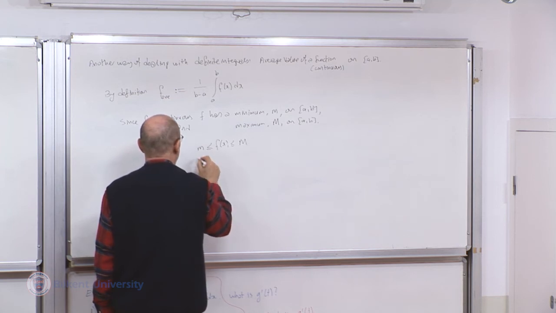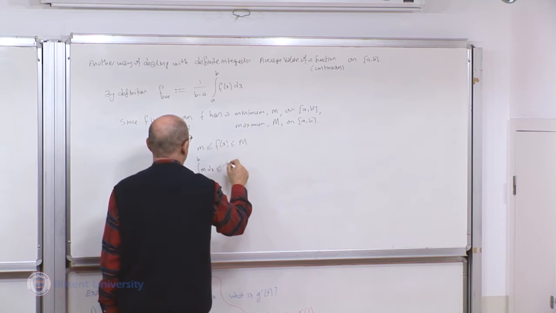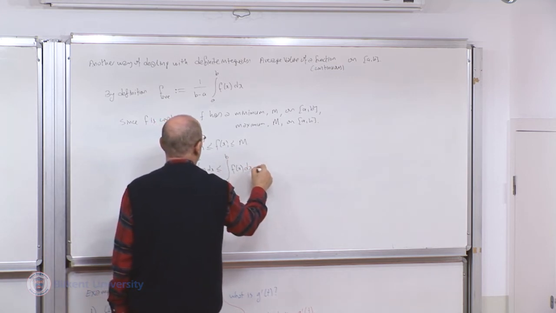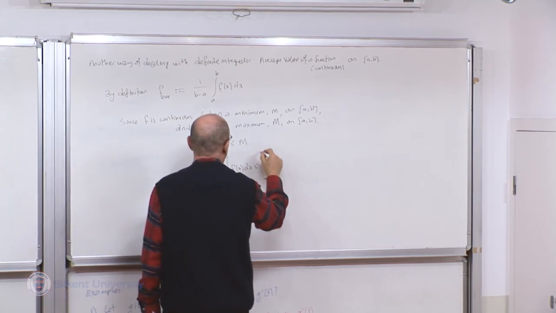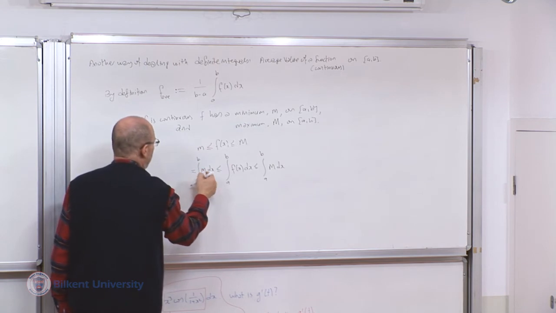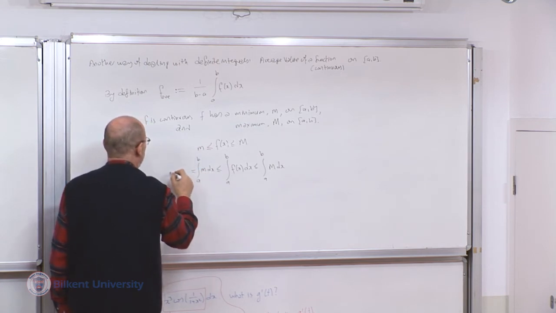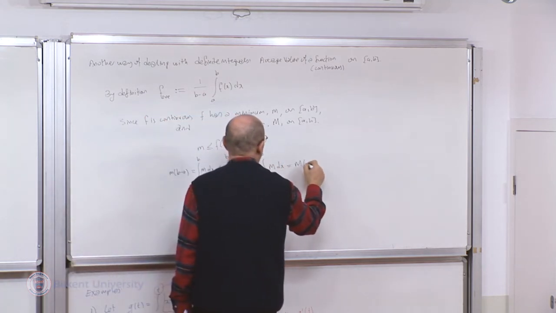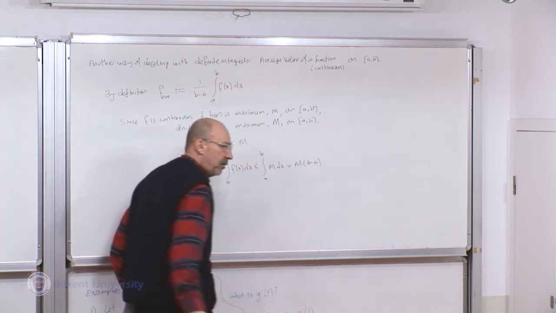The property of integrals tells me that the inequality is preserved in the integrals. This side I know. This is a constant that comes out. This is m times b minus a. This is M times b minus a.